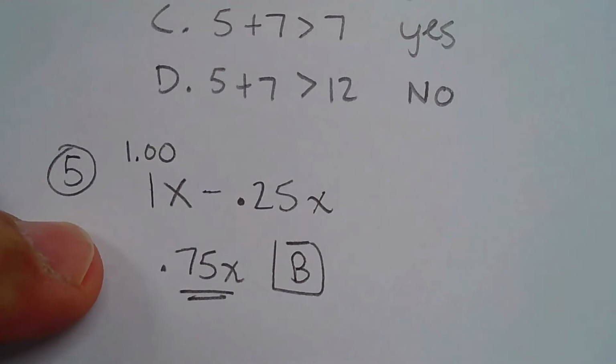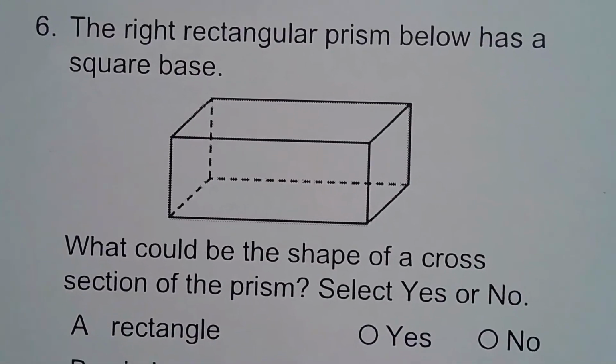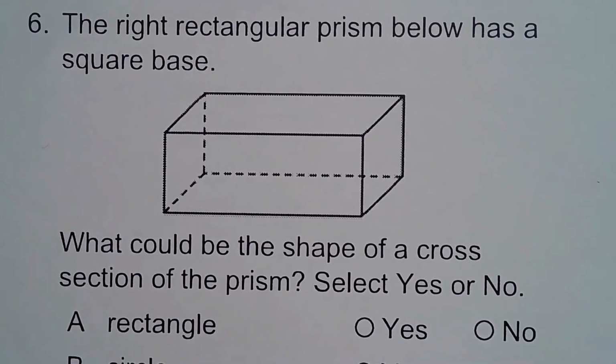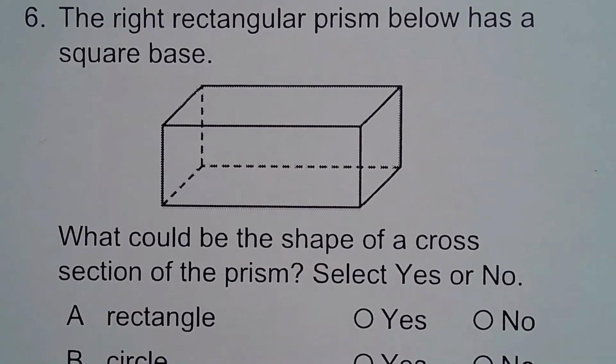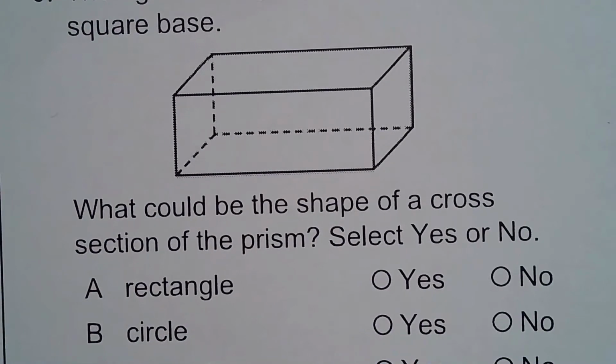Number 6. The right rectangular prism below has a square base. What could be the shape of the cross section? Okay, let me check that out. Has a square base. Wow, that is loaded right there. Just checking myself.